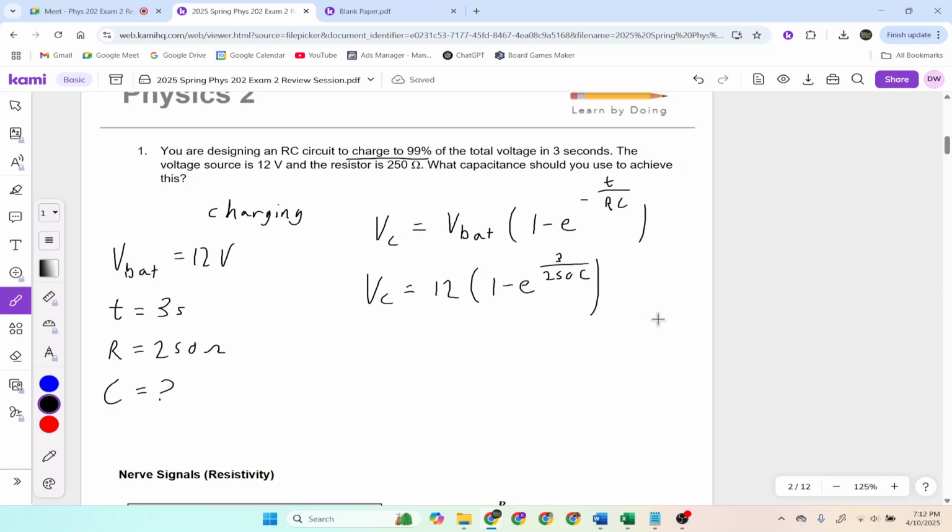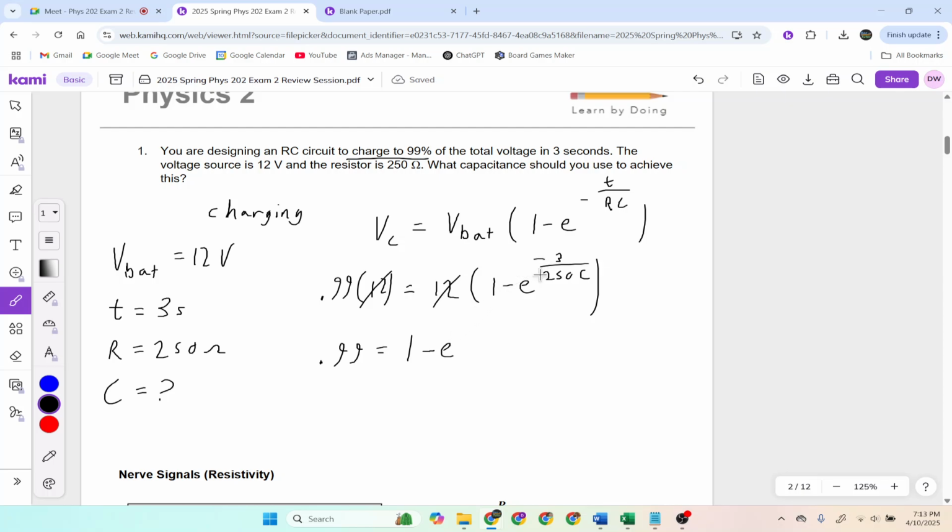That's right. It's 99% charged, like we said earlier. So what that means is I have to do 0.99 times 12. Simple as that. I did all the calculations earlier today. So what's funny is I didn't even compute this because the 12s just cancel. So then 0.99 equals 1 minus e to the negative 3 over 250C.